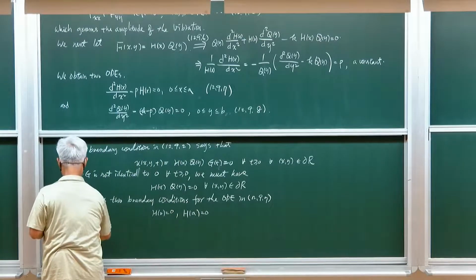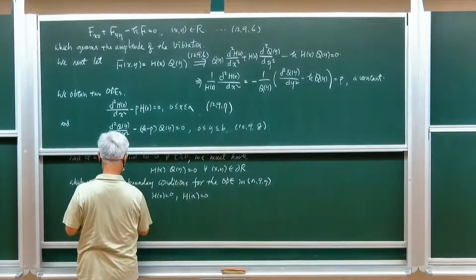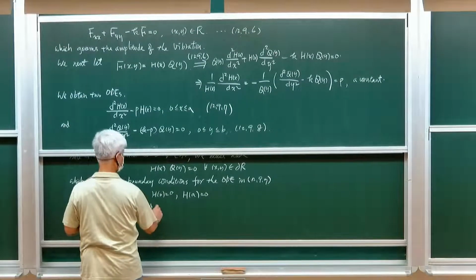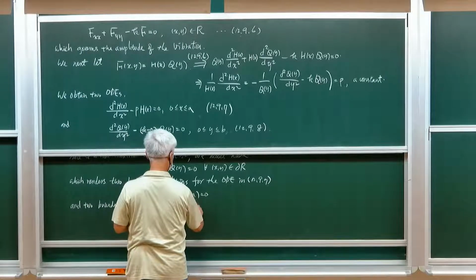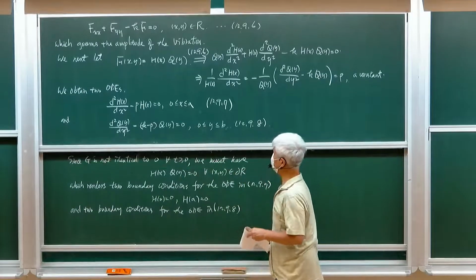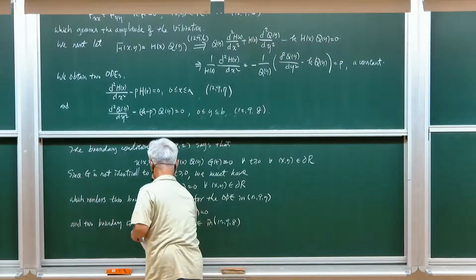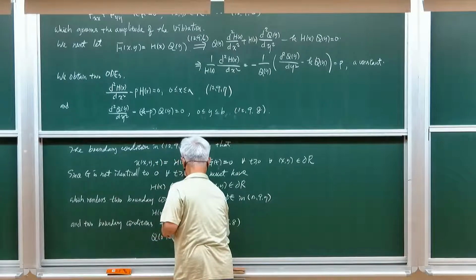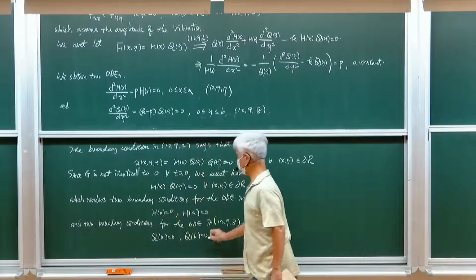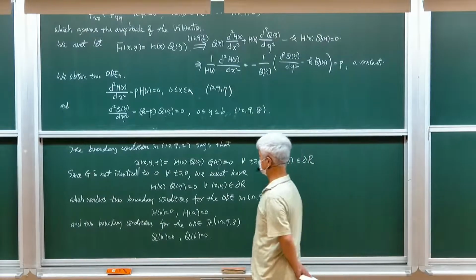And two boundary conditions for the ODE in 12.9.8, governing the Q function. So Q(0) is 0, and Q(b) is also 0.